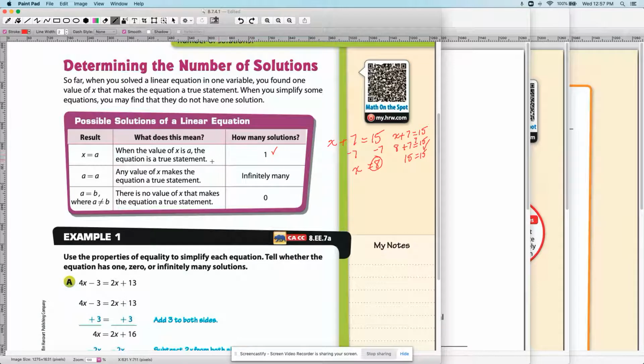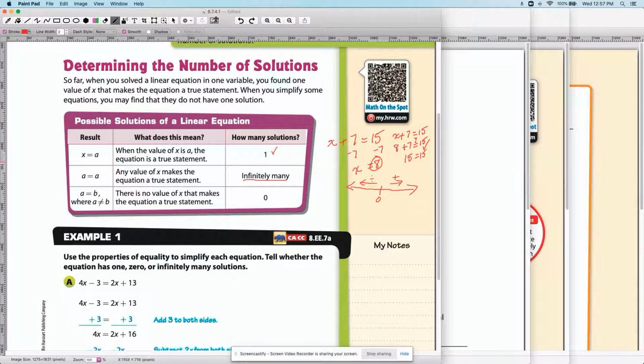And when that happens, we're going to say, instead of just one solution, there are infinitely many solutions, because remember, our number line goes in both directions. We have 0 here, we have positive numbers here, and we have negative numbers here, and it goes on to infinity and beyond.